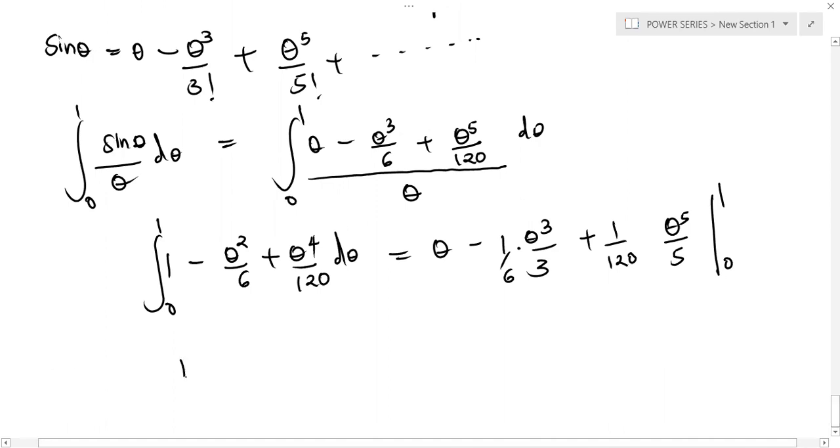So replacing with 1, we'll have 1 minus 1 over 18, plus 1 over 120 times 5, clearly that will be 600. So we will have 1 over 600 and so on. This is going to be our answer after we evaluate correctly.